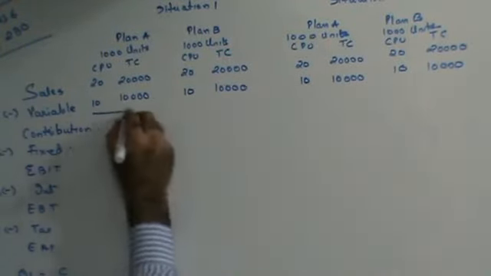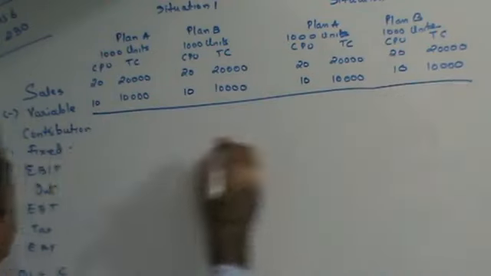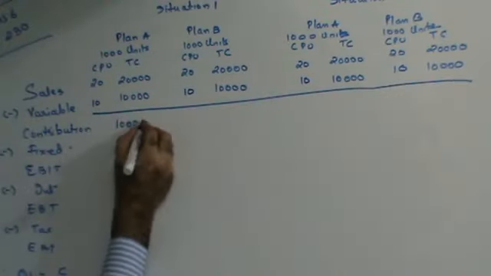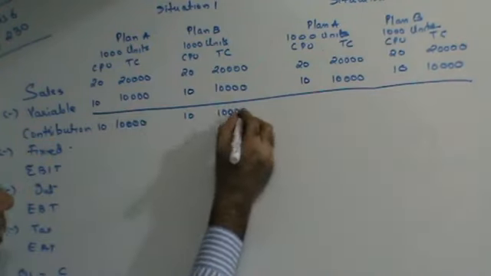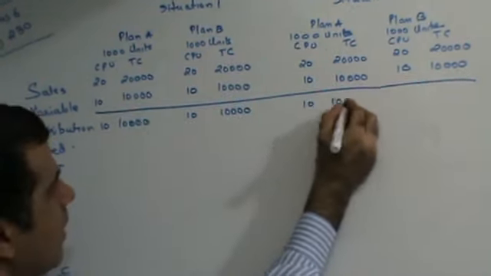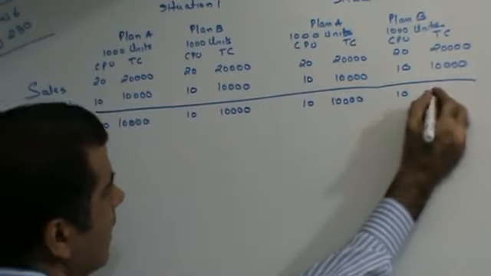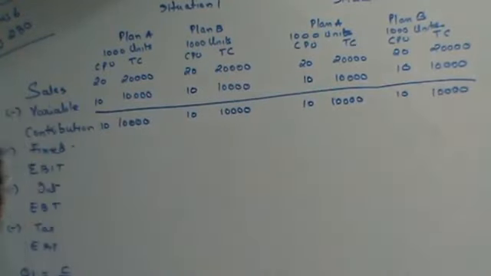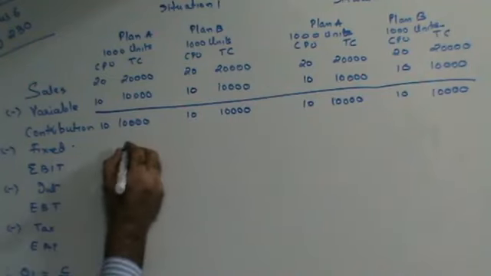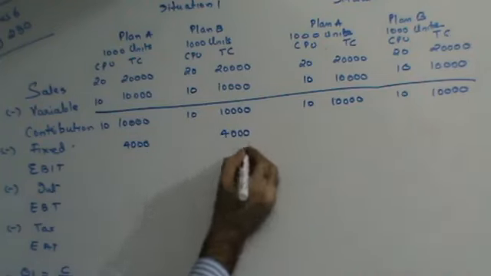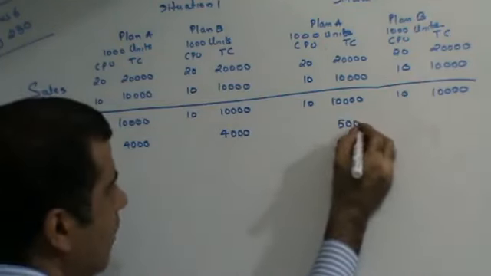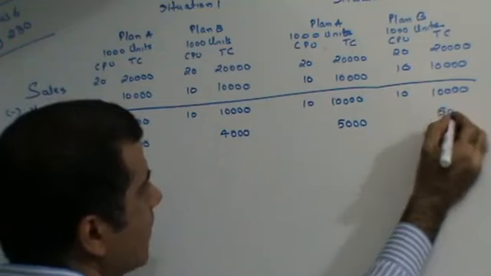Now once you have this, you can find out the contribution. So contribution will be 10,000 each. I'm just plainly subtracting this, people. Fixed cost: for situation 1, the fixed cost is 4,000, and for situation 2, the fixed cost is 5,000.